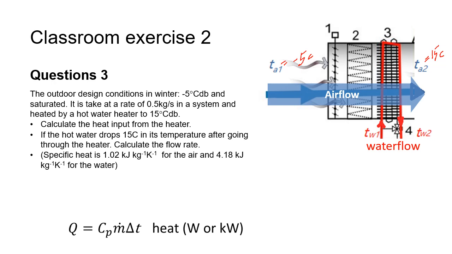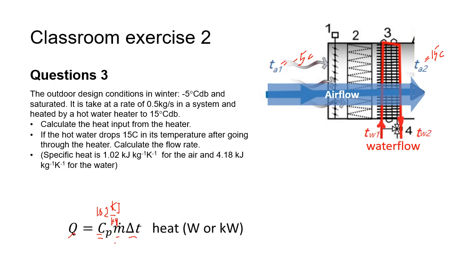So we have the temperature delta T equals 20, and the mass flow rate is 0.5 kilogram per second, and the Cp of air is 1.02 kilojoule per kilogram per K.